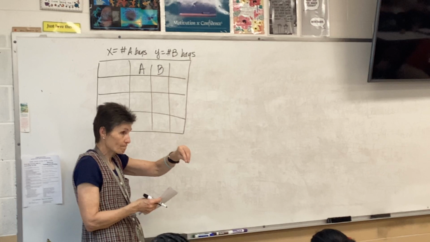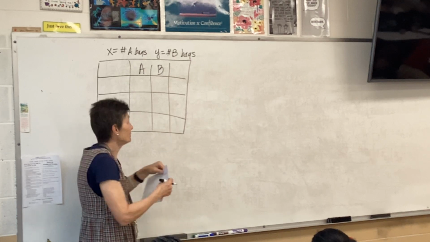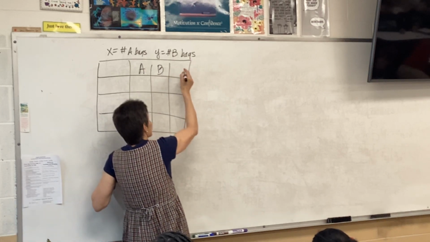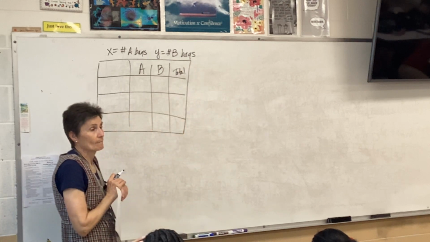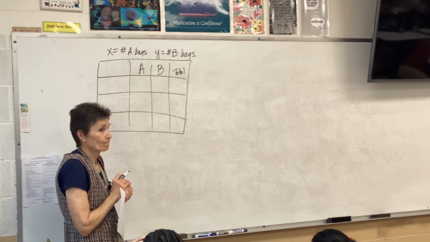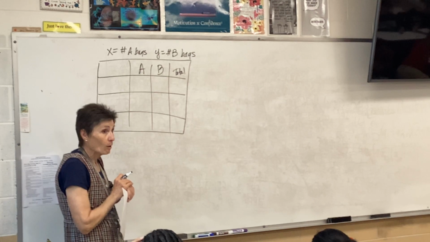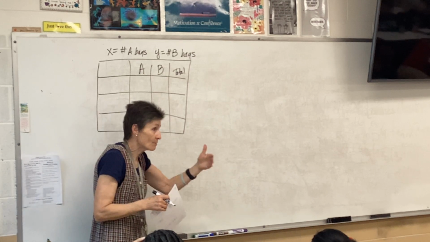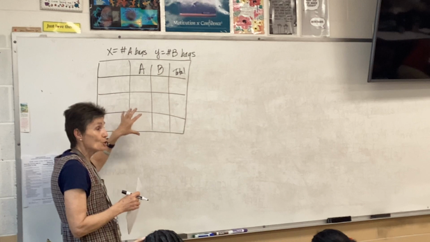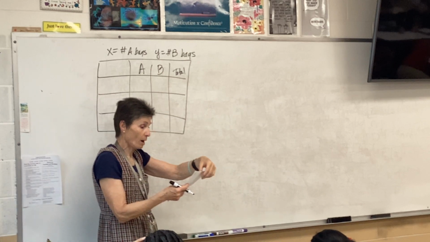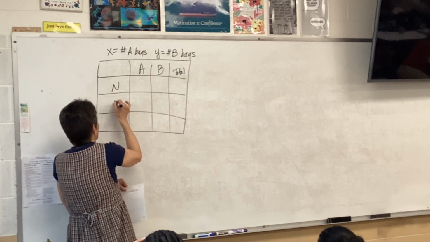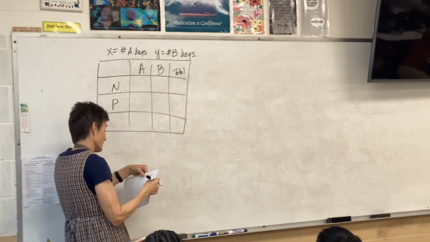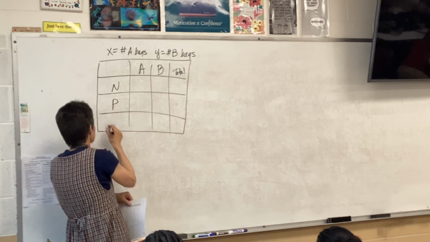And then this box is almost always going to be a total. Now, the other things in the problem are going to go here. So what are the other things in the problem? Well, I already told you. It's nitrogen and phosphorus and cost.